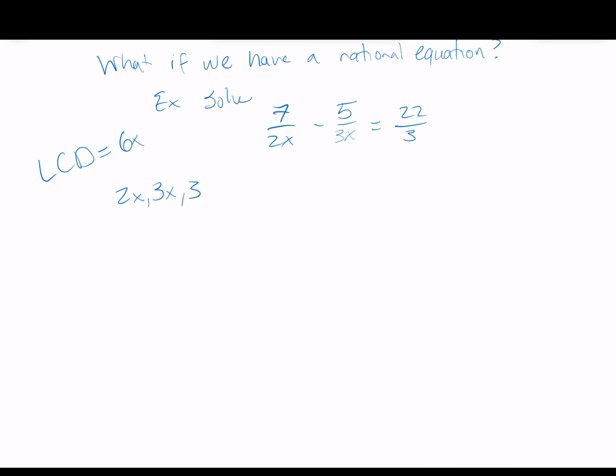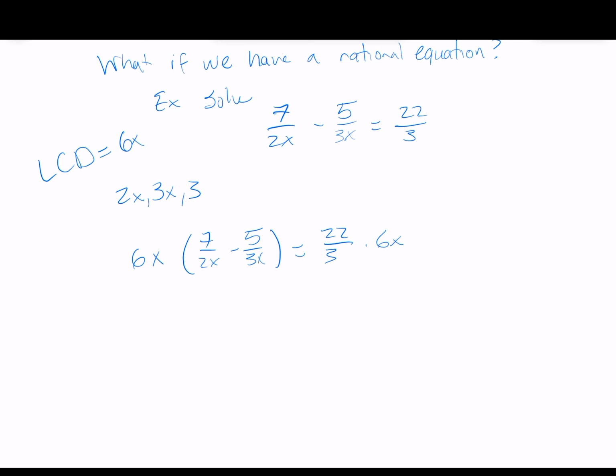So what we need to do is multiply 6x on both sides of this equation. So 6x times the quantity 7 over 2x minus 5 over 3x is equal to 22 over 3 times 6x.